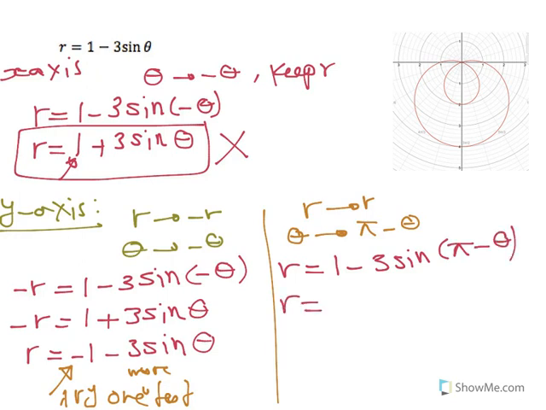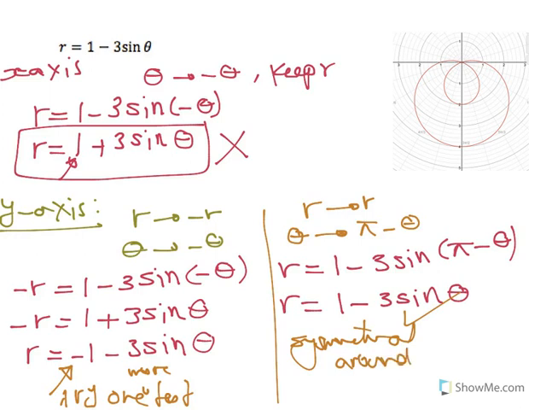That means r equals, pi minus theta is in the second quadrant, which is the sine quadrant, so it's going to be sine theta, so it's going to be 1 minus 3 sine theta, which is the original equation. That means it's actually going to be symmetrical around the y-axis, because it's the same equation as given, as you can see.